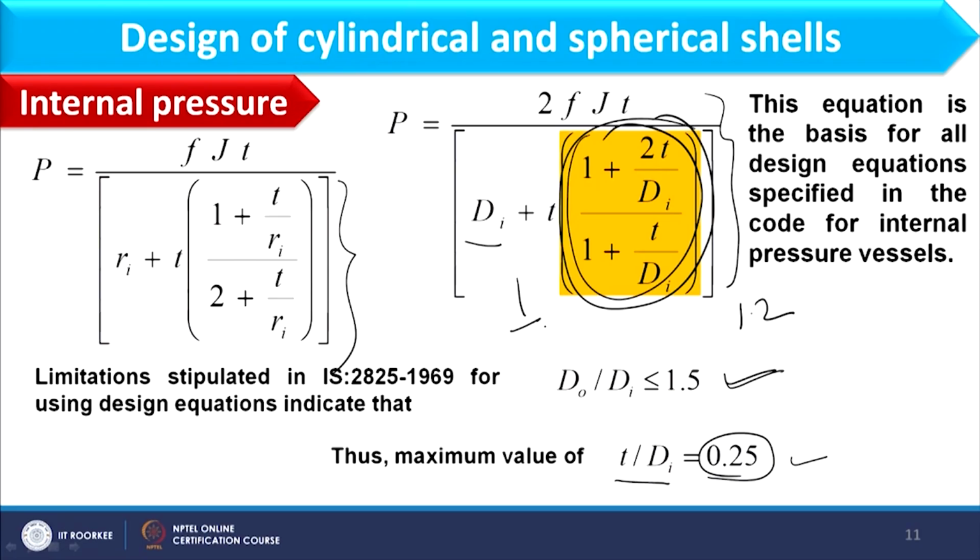For derivation purposes, we have considered this expression as 1, because 0.25 would be the maximum possible value which should not be exceeded. Therefore, instead of 1.2, we have taken the value of this expression as 1.